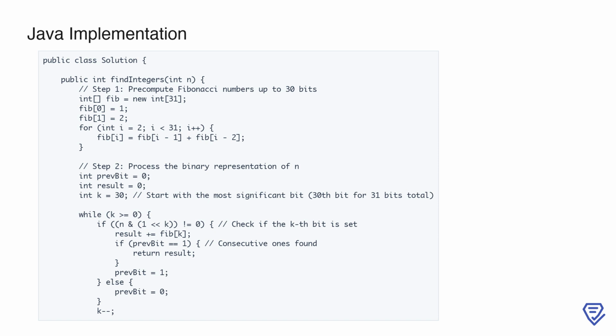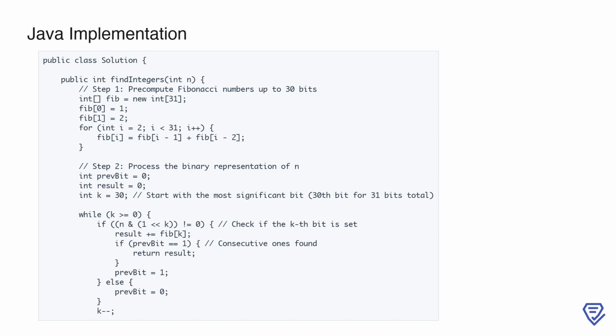To do this, we initialize a variable prevBit to track if the previous bit was set, another variable result to store the count of valid numbers, and set k to 30, which corresponds to the most significant bit in a 31-bit representation. As we iterate through the bits of n, starting from the most significant bit, we use a bitwise AND operation to check if the kth bit is set. If it is, we add the corresponding Fibonacci value to the result.